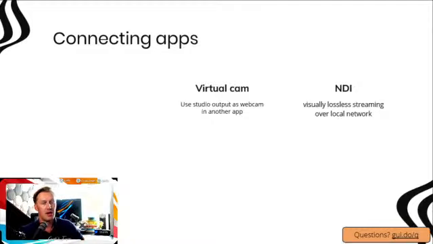I can pick that up on my desktop over here and include that video stream in my studio. Of course, that might not be the most logical use case, but if you're at a conference, for example, and you have multiple conference rooms or multiple angles, you want to connect them.